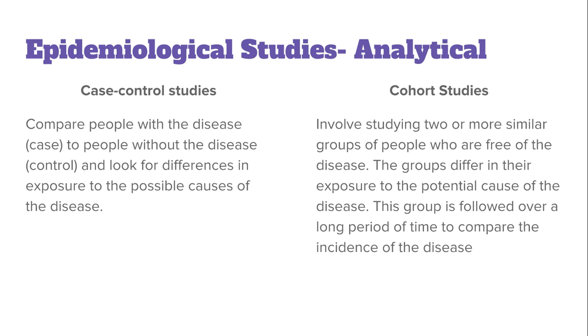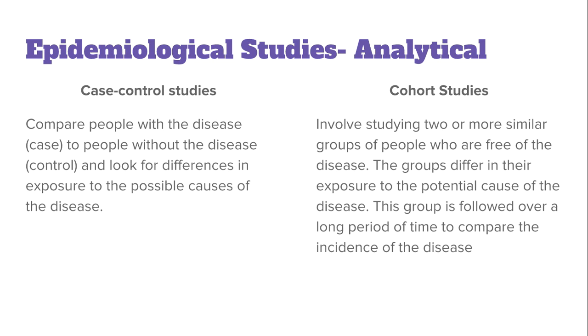And then the other, which we can do, is cohort studies. This can involve studying two or more similar groups of people who don't actually have the disease. And these groups differ in their exposure to the potential cause of the disease. Then this group is followed over a long period of time to compare the incidence of the disease.